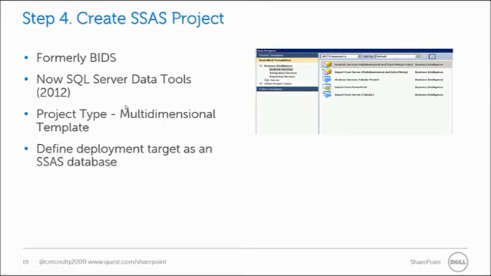When we tell Data Tools that we're creating a new project, we're going to create a multi-dimensional template. And we're going to say that project, once it's created, is going to be deployed to an analysis services database. So an analysis services database is totally different from those database engine databases we were just looking at. It's a different entity entirely.